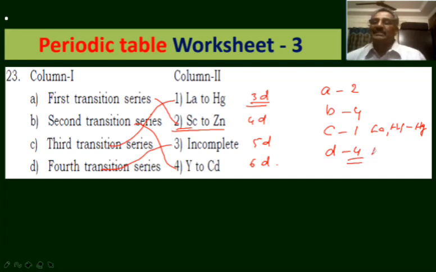It contains the elements actinium, and from Rutherfordium to element with atomic number 112. So these are the correct matches.